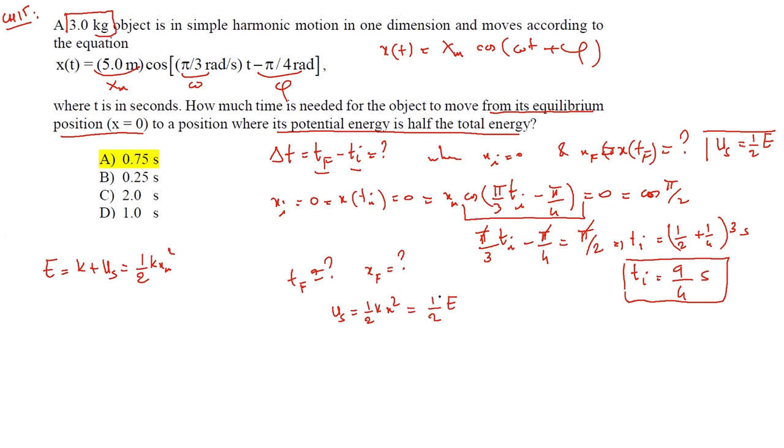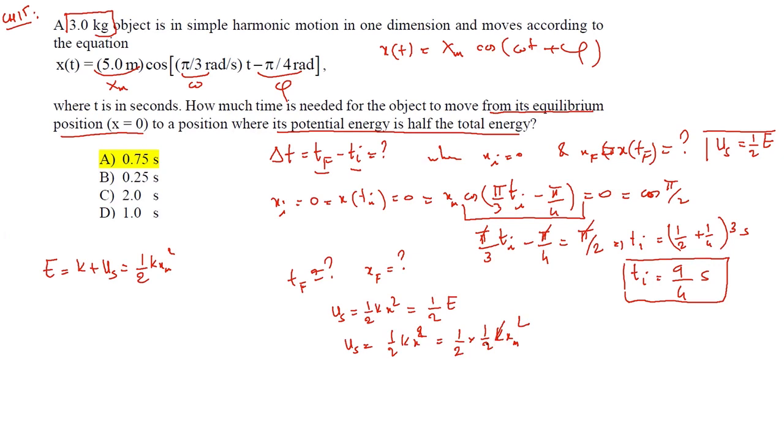So here I have to find US, which is half k x square, should be half of E, which is half k x max square.